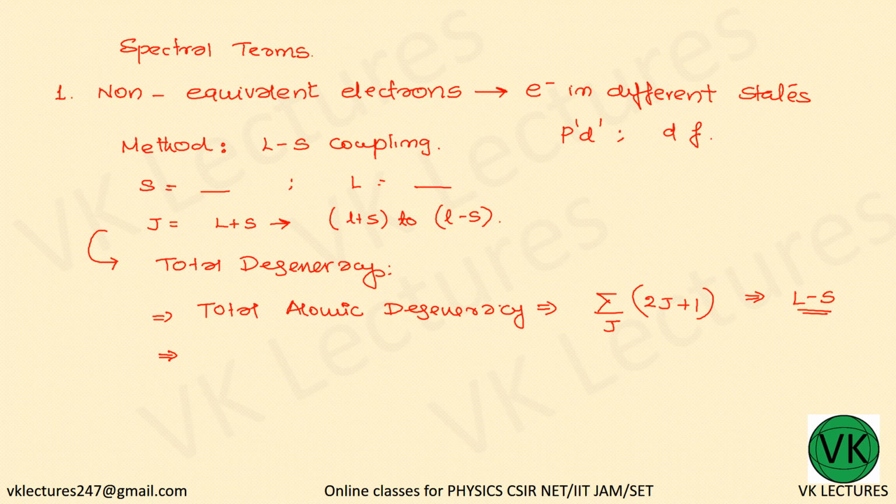For example, one electron is in D and another is in P. Now how many states are available in D?